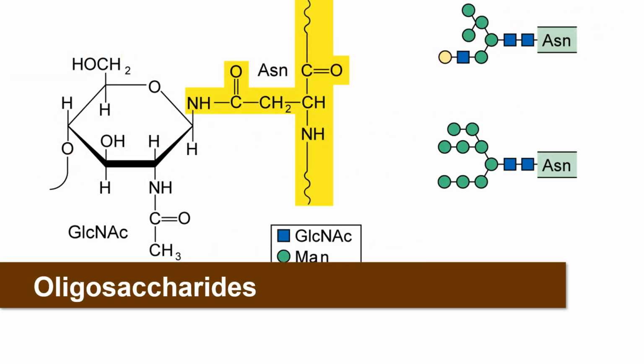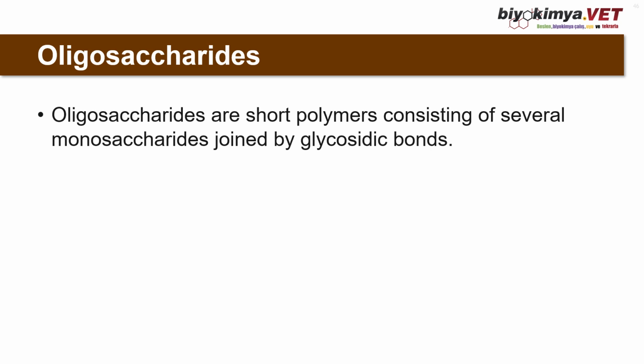Yeah, we have reached the last title of the topic, oligosaccharides. Oligosaccharides are short polymers consisting of several monosaccharides joined by glycosidic bonds. In other words, oligosaccharides consist of short chains of monosaccharide units or residues joined by characteristic links called glycosidic bonds.